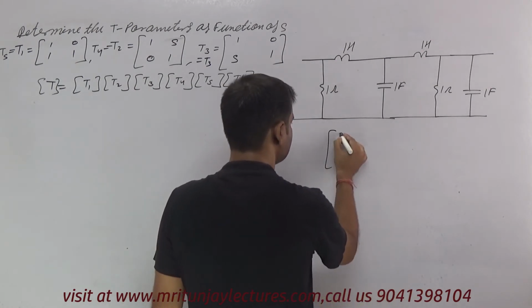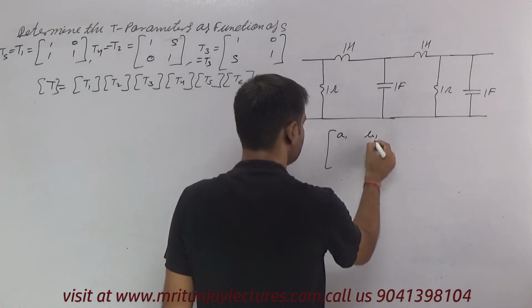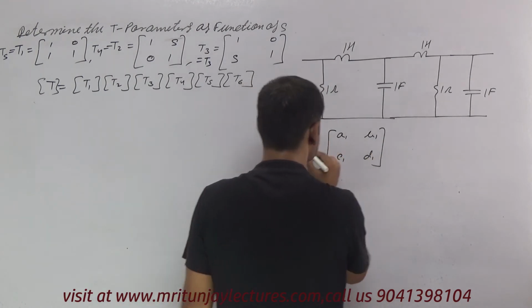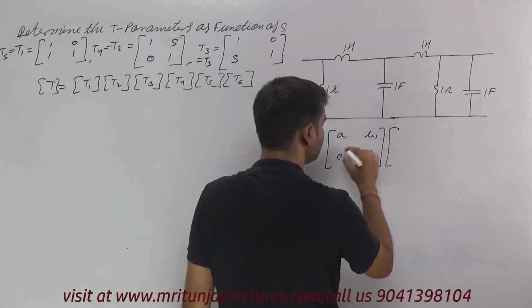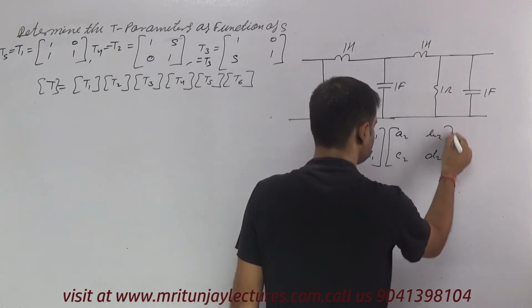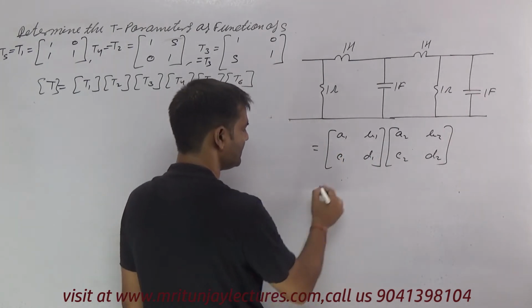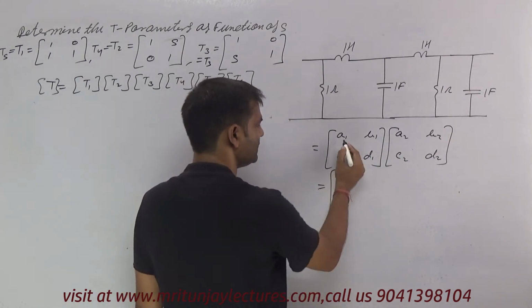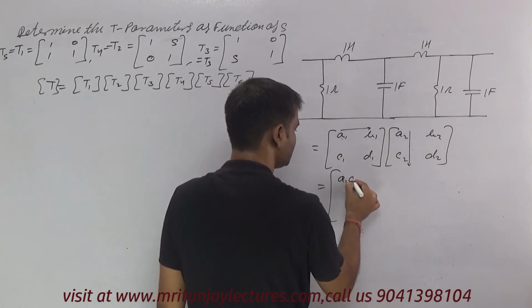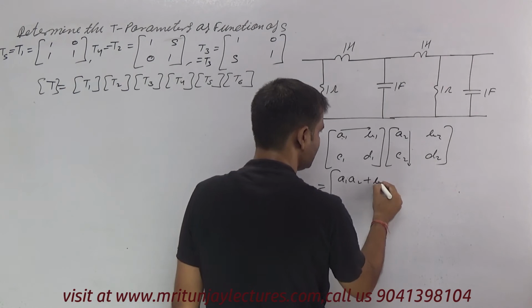Suppose that is A1, B1, C1, D1, and here A2, B2, C2, D2. How can we multiply? Multiplication of this one and this one: A1 A2 plus B1 C2.